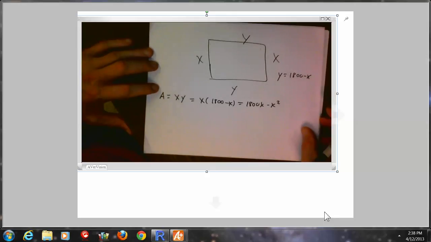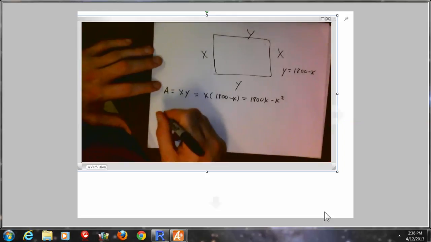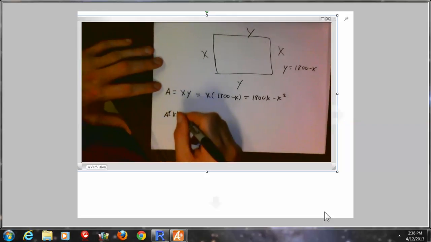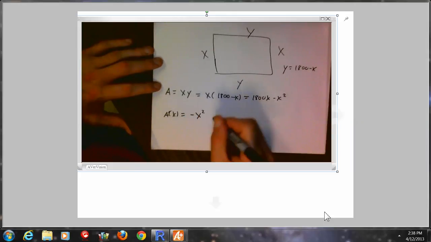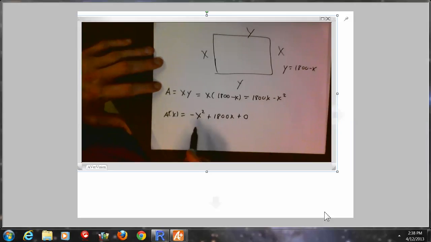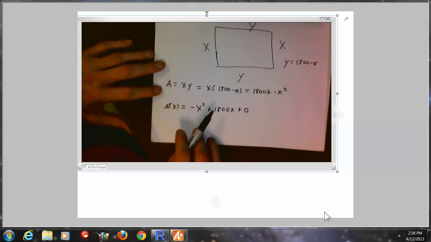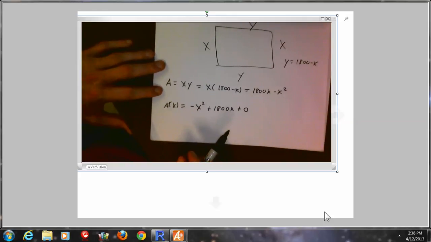Okay, so now I have an area formula where A of x is equal to minus x squared plus 1,800x plus 0. You're going to notice that this is a parabola facing down. We know it's facing down because of the minus sign here. So we want to know what's the biggest A we can have. Well, it's going to be the vertex of the parabola. The vertex is given by x equal to negative b divided by 2a.